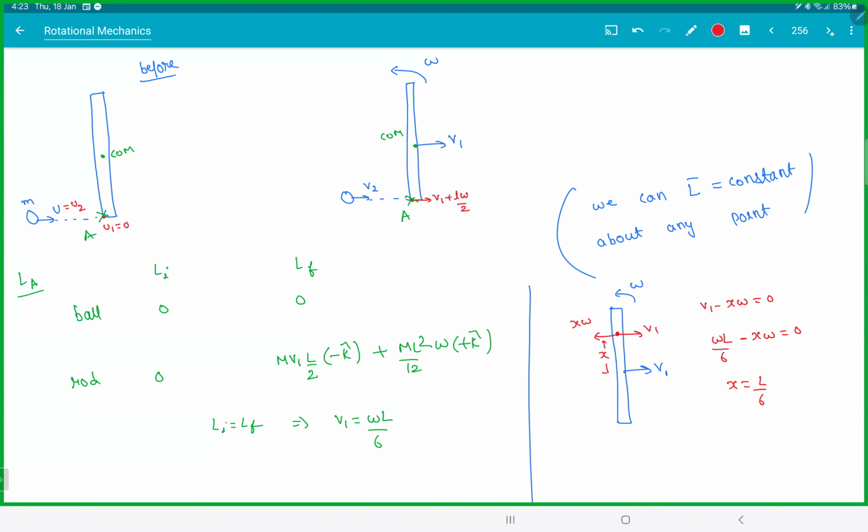So this point here, let's call it B. So this is a point with 0 velocity just after collision. Or this is also your IAR.